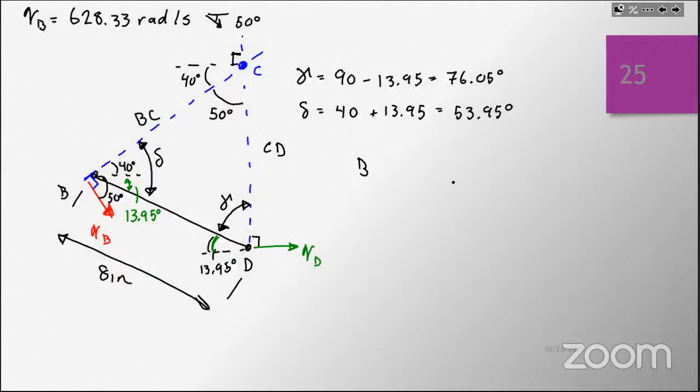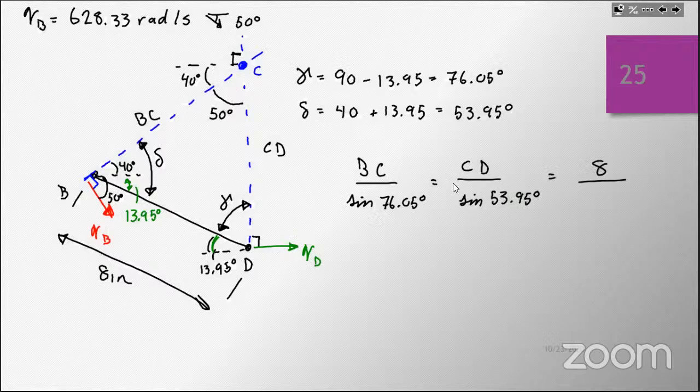So by law of sines, BC over sine of 76.05 degrees is equal to CD over the sine of 53.95 degrees, which is equal to 8 over the sine of 50 degrees. I can solve for BC, and I'll get 10.14 inches. I can solve for CD, I get 8.44 inches.